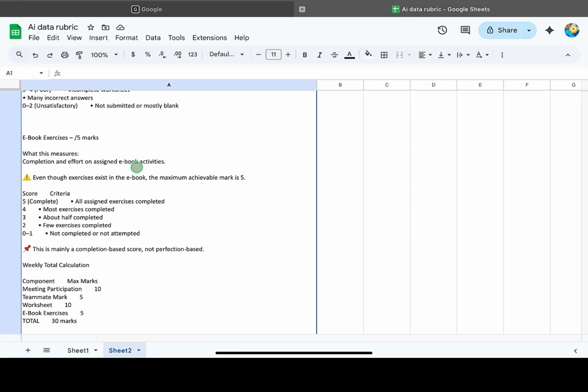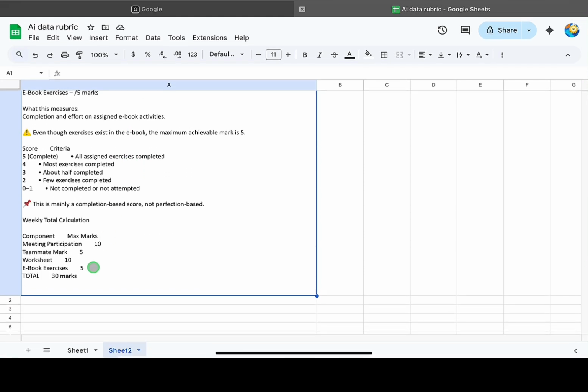Even though exercises exist in the ebook, the maximum achievable mark is a 5. All assignment exercises are completed, and 0 to 1 mark for not completed or not attempted, right? This is mainly a completion based score, not perfection based. So you see, this is where we get the 30 marks for our weekly exercises.